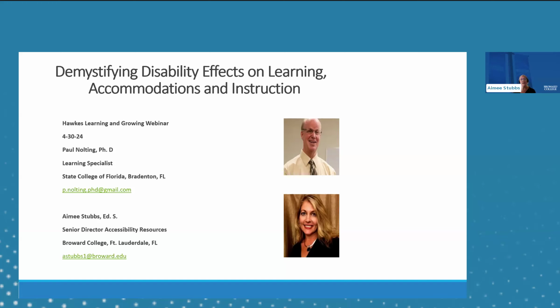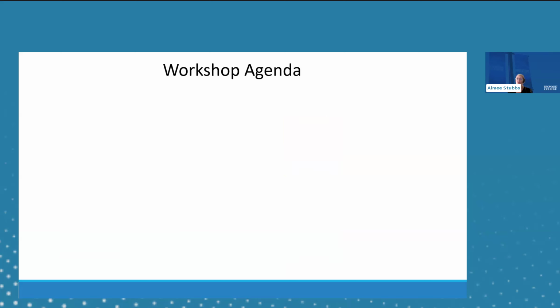And then I've been in higher ed as a learning specialist and director of accessibility resources for about 15 years now. So it's a pleasure to be here, and we are happy to share what we know about disabilities, but also we're happy to answer any questions that you all may have at the end of our presentation. And we look forward to getting to know you all and answering any questions you may have. Okay, Paul, you want to start?